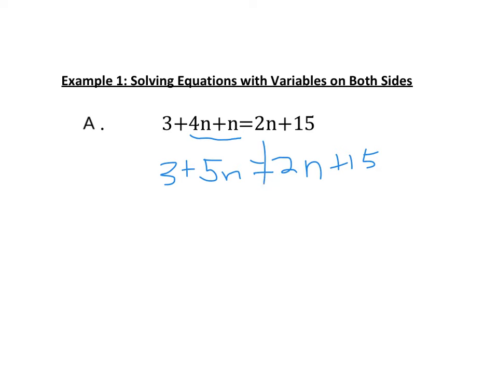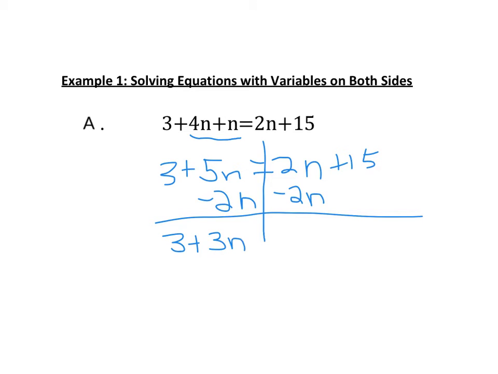So we are now at the point where, if you want to draw this line down, there's nothing we can do as far as simplifying. So we need to start using our inverses. If we have a 2n, we could subtract 2n from both sides. What that's going to do is make us do 5 minus 2, which is 3n. That equals 15. And that's going to leave that 3n positive.